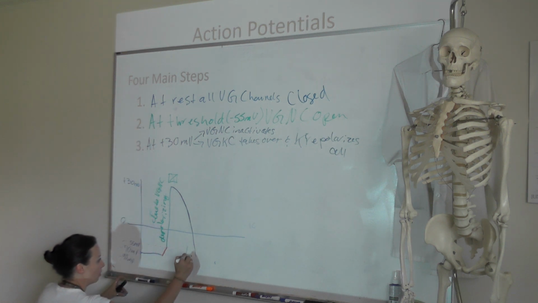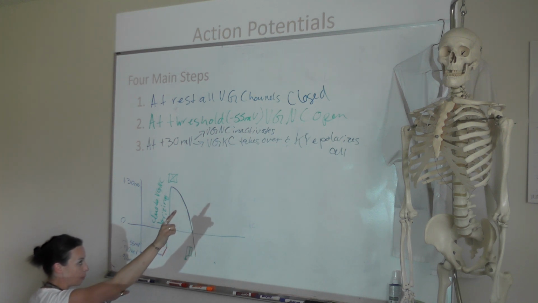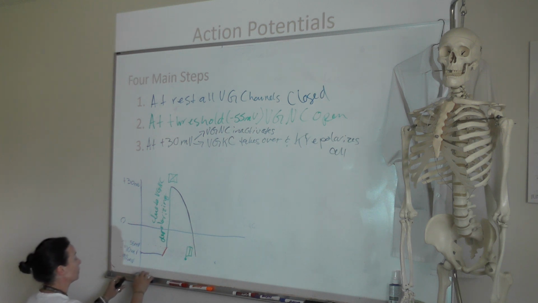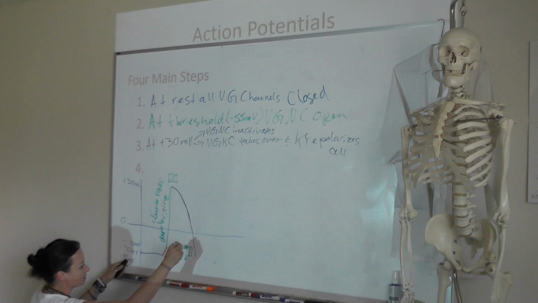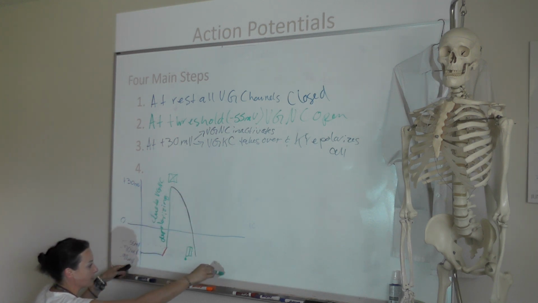So now my inactivation gate swings over, and sure, I'm closed, but I could open it again. That's what's important about this when we come back to this repolarizing swing, because in our next step, some of those channels are going to take back over and hyperpolarize the cell.